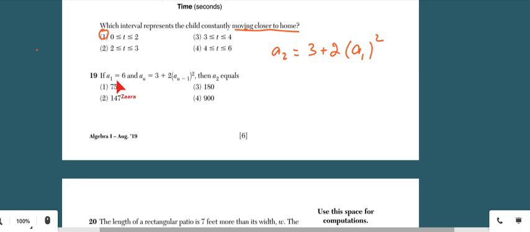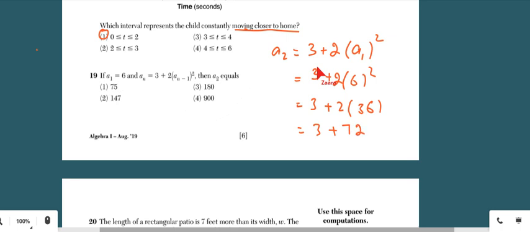Next, I have to substitute the value of a1, which is 6 squared, so it becomes 3 plus 2 times 6 squared, which is 36. 36 times 2 is 72, and 72 plus 3 is 75.